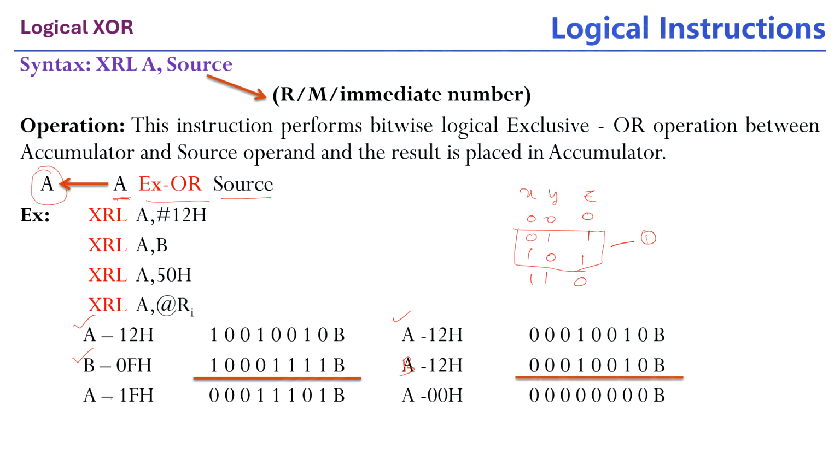But our main intention is to find out the application of the XOR instruction. Observe this bit: here the A bit is 0, but in the result it is complemented. So when you want to complement any bit, you can perform XOR operation with logic 1.